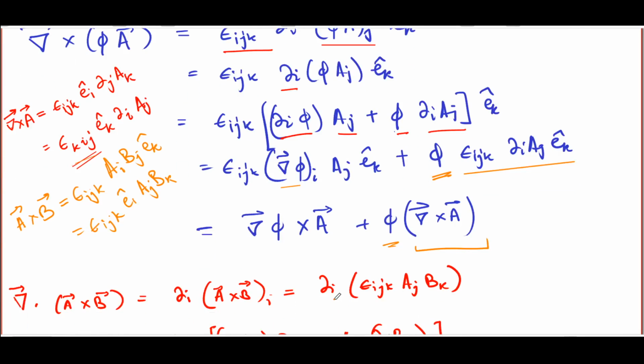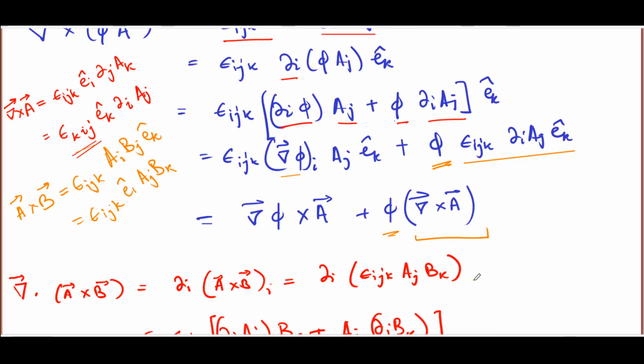This is the divergence of the cross product of two vectors, divergence of A cross B. The beginning, of course, is straightforward. The divergence of a vector field is del_i a_i. Here it's going to be del_i (A cross B)_i, and A cross B, the ith component, is epsilon_ijk a_j b_k. So, del_i of epsilon_ijk a_j b_k. The epsilon_ijk, being a constant, can move out of the partial derivative, and you are going to end up doing a derivative on the product a_j b_k.